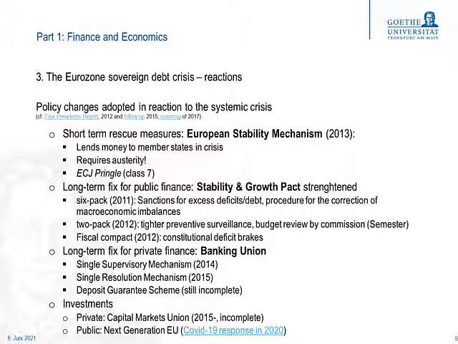So a common scheme, or actually a common fund, that will pay the depositors in case their bank goes bankrupt. Because depositors, people that just bring their money to the bank, are insured up to 100,000 euros against the bankruptcy of their bank.